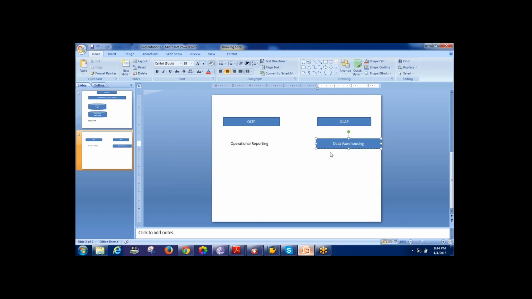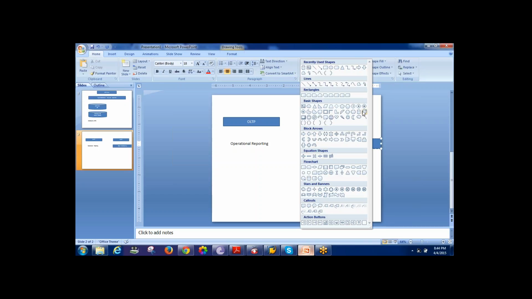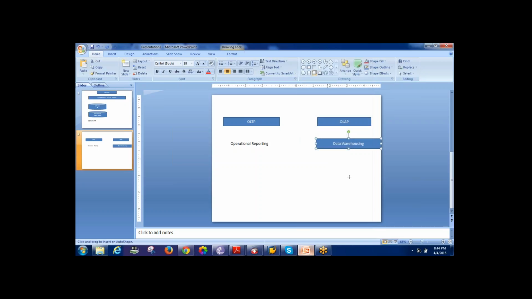Okay, so we use a tool called SAP BW. What is the data warehousing tool SAP has? That is SAP BW.